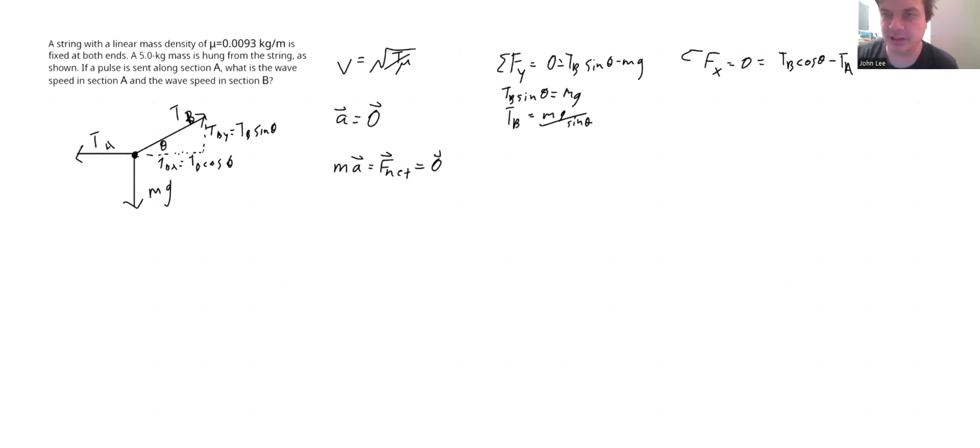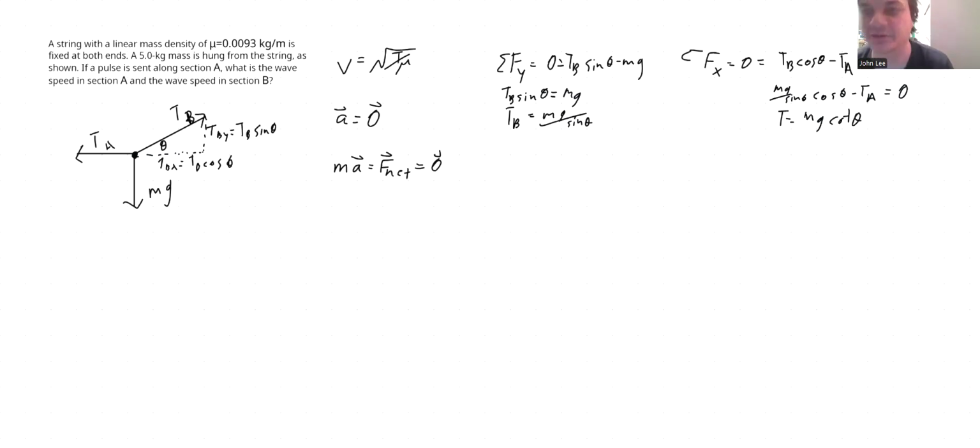And then plugging it in over here, we have mg over sine theta, which is TB, times cosine theta minus TA equals 0. So TA is going to be equal to mg times cotangent of theta.